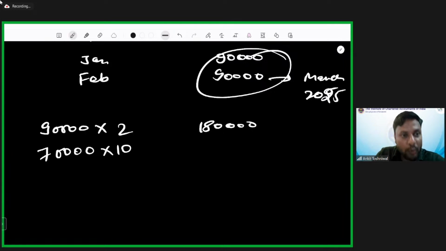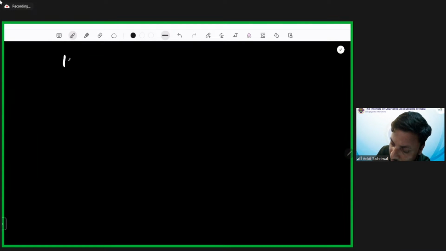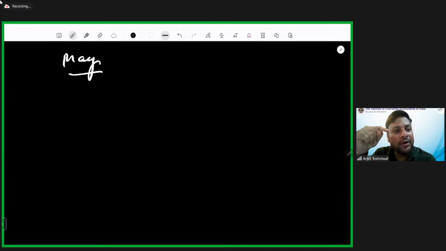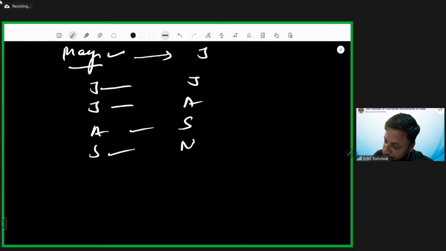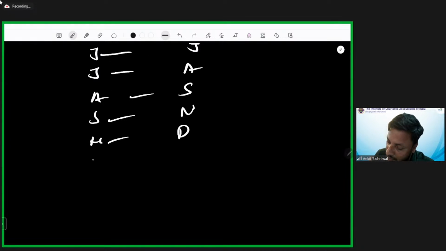Okay. Now in this example, he joined in May. So if he joined in May, I do not need to cover the salary of last March and April. So I will count the salary from May, which will be taxable in June, June taxable in July, July in August, August in September, and so on till January in February, and February in March.